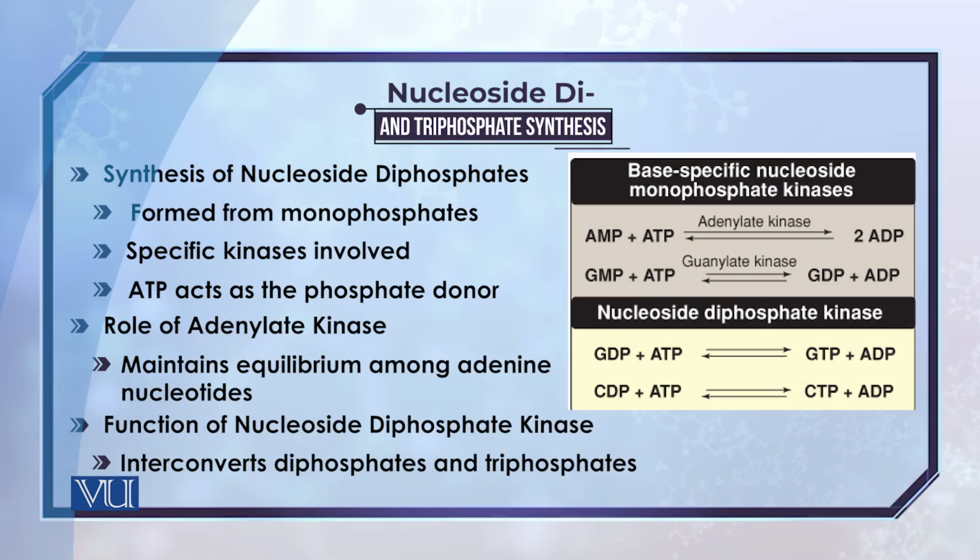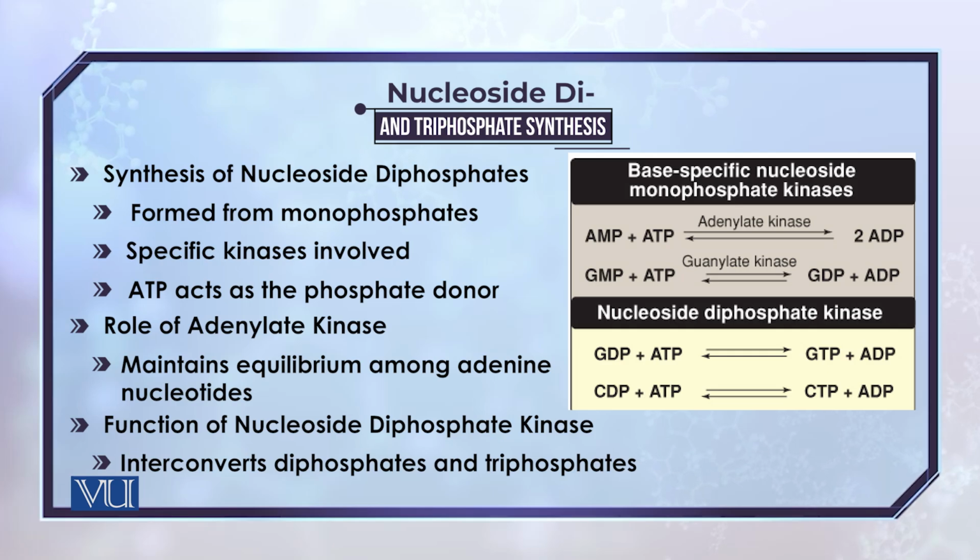Then of course, you have made AMP and GMP, and your final step or goal is to make the diphosphates or triphosphates of these purine molecules.